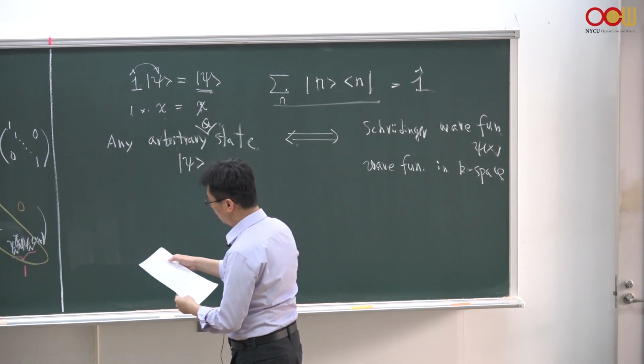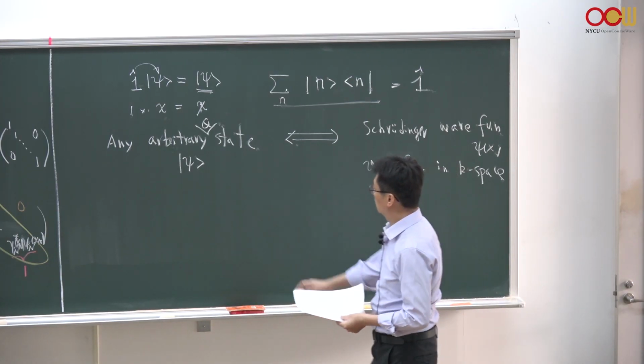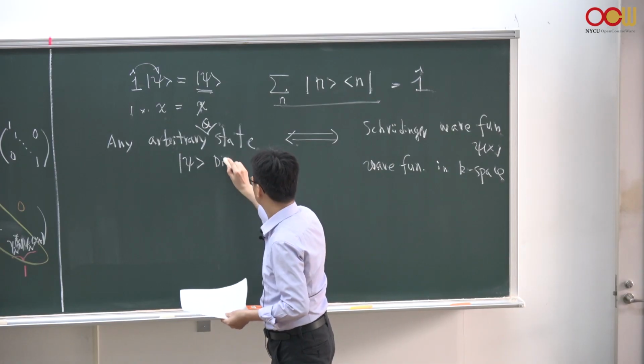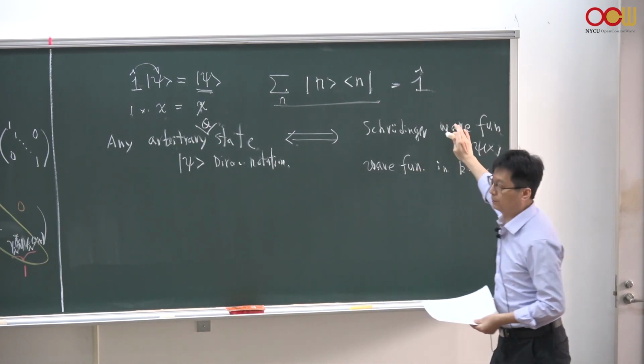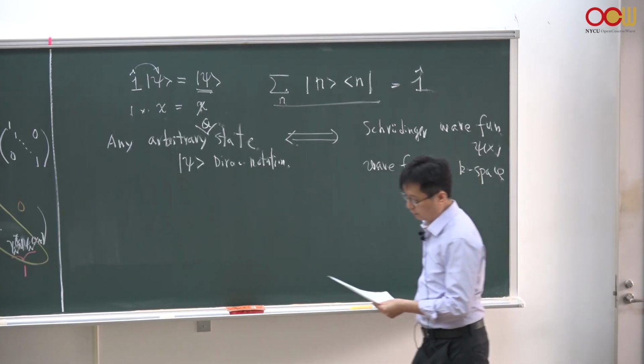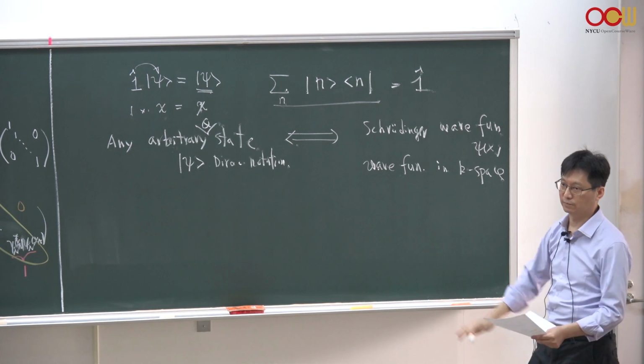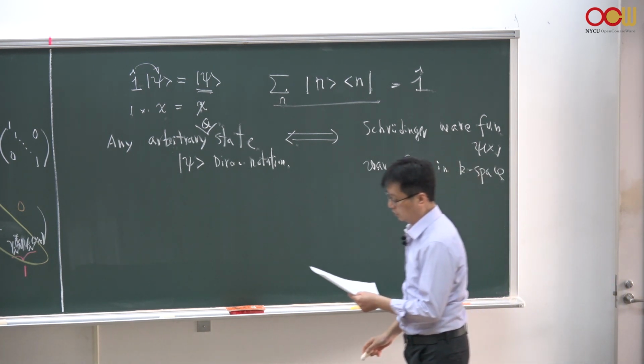Okay, so let's look at this relation between any arbitrary quantum state in the Dirac notation and the Schrödinger wave function or momentum wave function that you're familiar with. These two concepts are not exactly the same, but they are closely related.